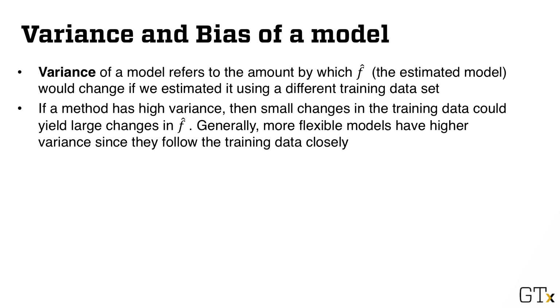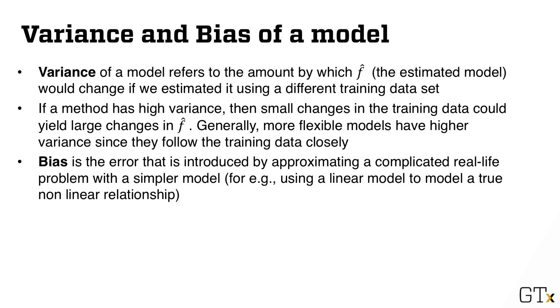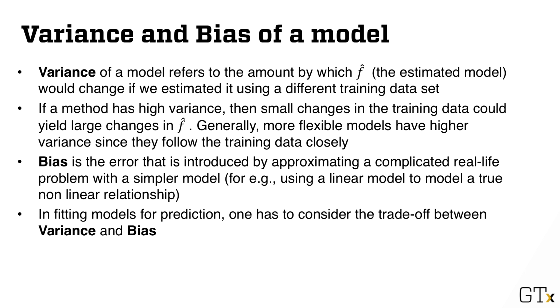Generally, more flexible models have higher variance since they tend to follow the training data very, very closely. Bias, on the other hand, is the error that is introduced by approximating a complicated real life problem with a simpler model. For example, using a linear model to model a true nonlinear relationship. So, in fitting models for prediction, one has to consider the trade-off between variance and bias.